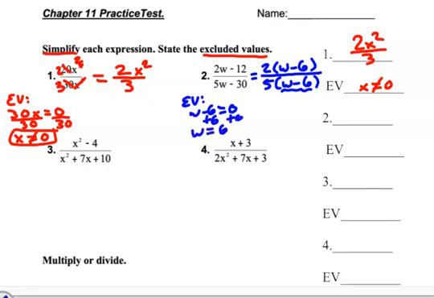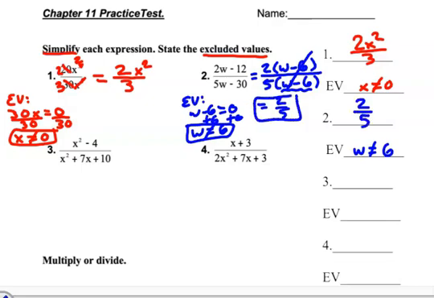W being 6 would be a problem for me. If I put 6 in the bottom, then I get a 0 out, and that's not allowed to happen. So w cannot be 6, and now I'm going to cross out my w minus 6's after I've done my excluded value step, and the reduced version of this expression is 2 over 5.